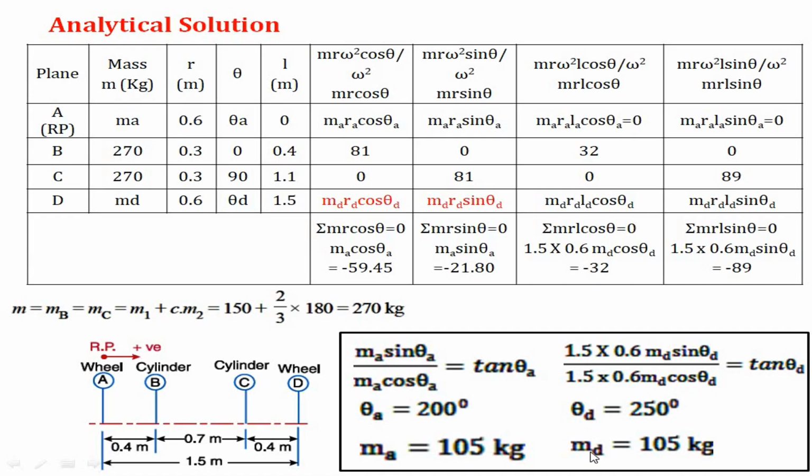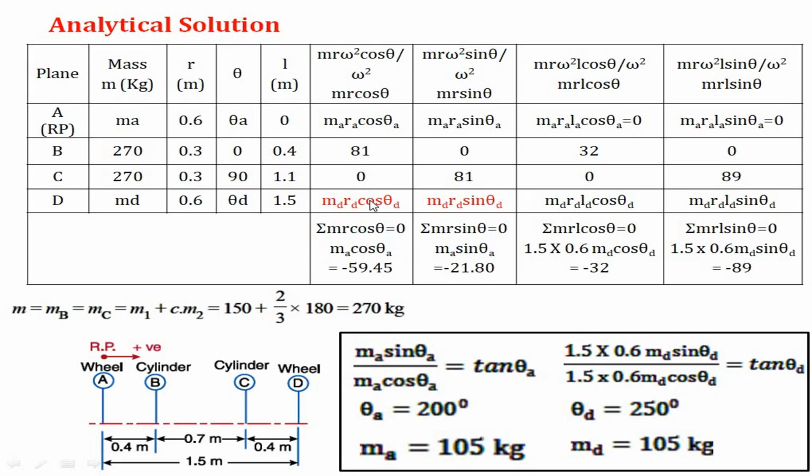Angle theta d and MD can be used in the column of forces, where we are having a term MD RD cos theta d, MD RD sin theta d, which can be calculated by using these two values. So this entire term will have some numerical value. Fine. So in this column, we are going to apply the concept of static balancing, where sigma F is equal to 0. For that, sigma MR cos theta has to be 0 and sigma MR sin theta has to be 0.